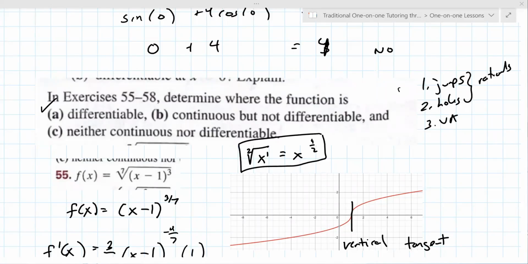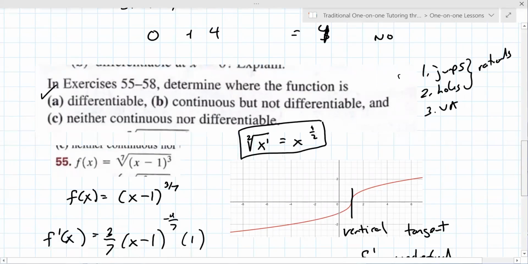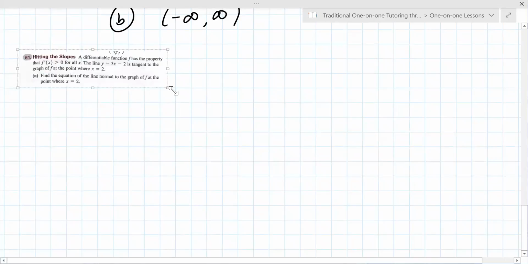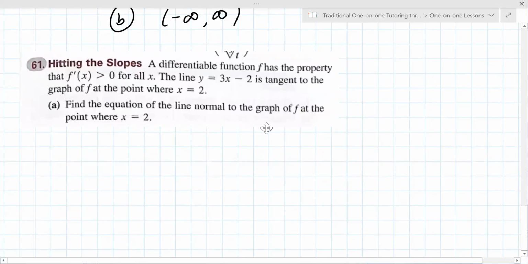Okay, number 61, hitting the slopes. Let me snip this in one at a time. A differentiable function f has the property that f prime of x is greater than 0 for all x.